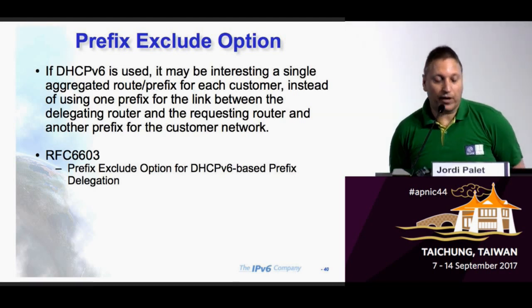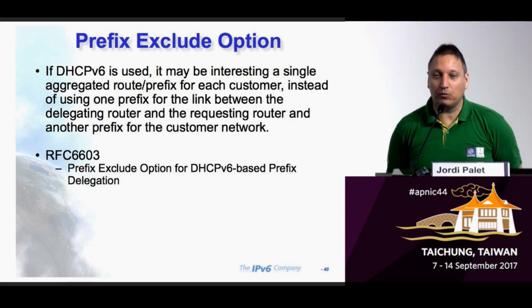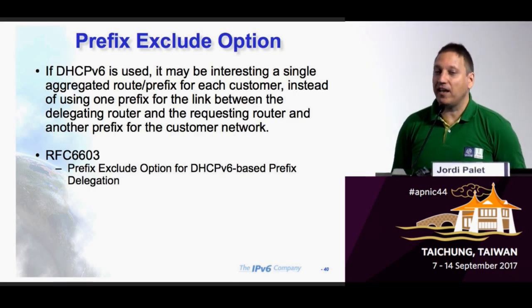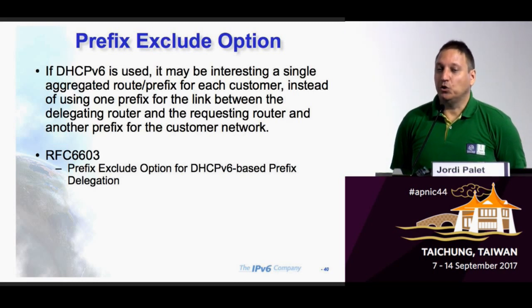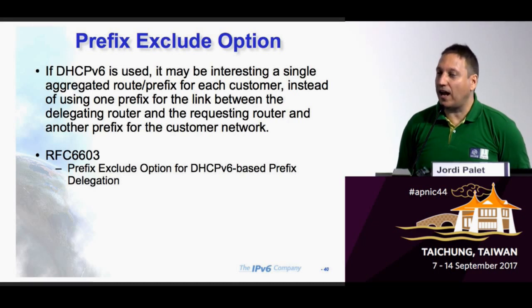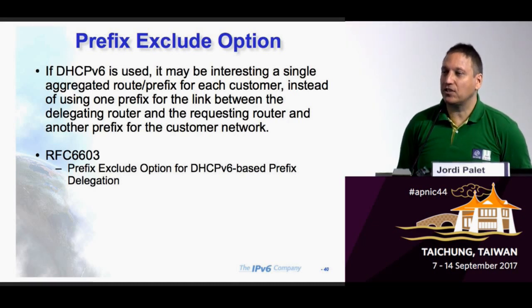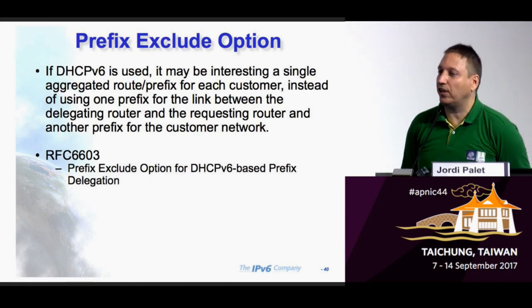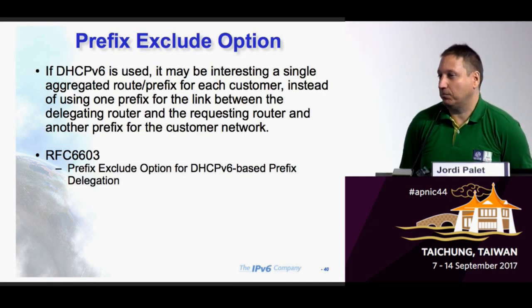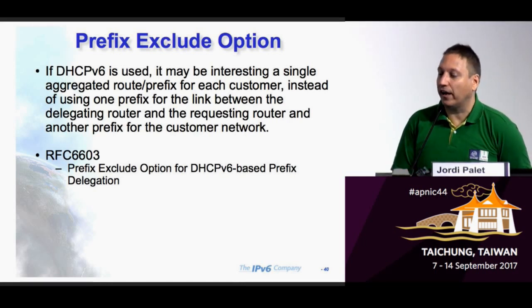For that, we have one more IETF document, which is RFC 6603, which basically says: hey, you are a broadband LTE router. You get a /48 for your LANs, but the first /64 of this /48 is for your point-to-point link, okay? So please don't use it because you will create a conflict. That's what this RFC means.